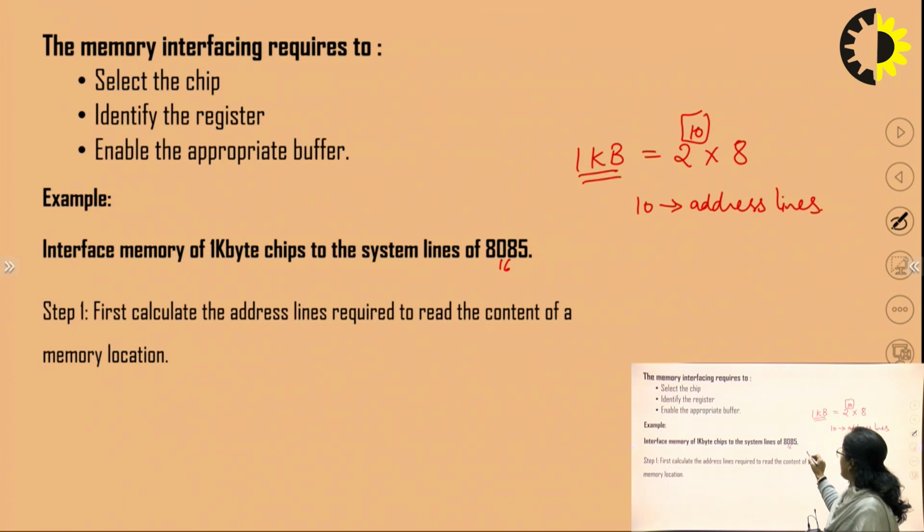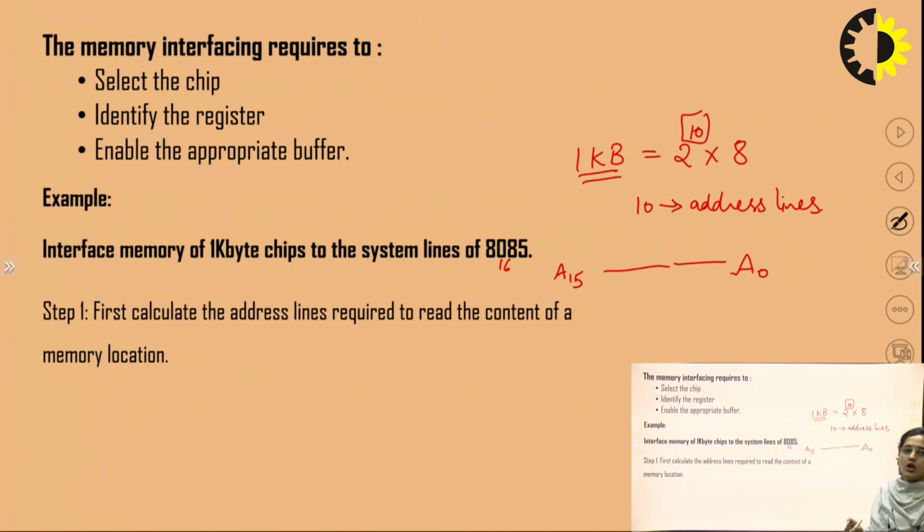So 8085 has 16 address lines, A15 to A0. Out of these 16 lines, only A0 to A9, 10 address lines, will be connected with our memory. The rest of the lines, A10 to A15, are used for chip selection.